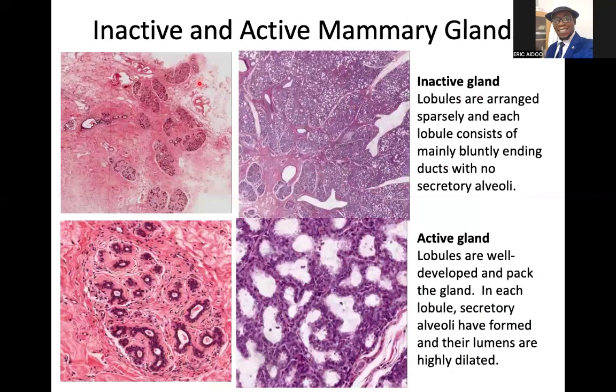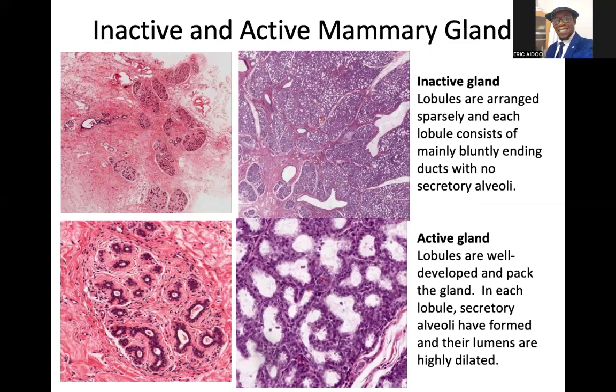So in an active and inactive mammary gland, like we saw earlier on, a micrograph will show this also. Inactive gland lobules are arranged sparsely, and each lobule consists of mainly bluntly ending duct with no secretory alveoli. So when you compare this to that, you can now see that a lot of secretory alveoli are very prominent here. Then again, a similar one at a higher power is here, and then also a higher power.